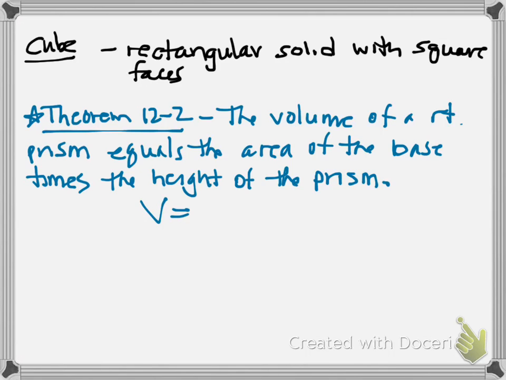So volume is equal to capital B, that's the area of the base, times capital H, that's the height of the prism. So what's great about this generic formula is all you have to know is the formula for the B to plug in. So you don't have to memorize all these separate formulas anymore like you did in the past. You just need to know this generic one and then remember all your formulas from chapter 11. Okay?